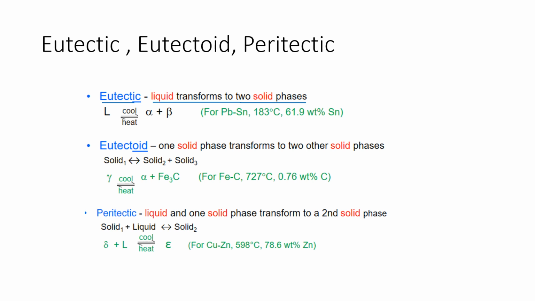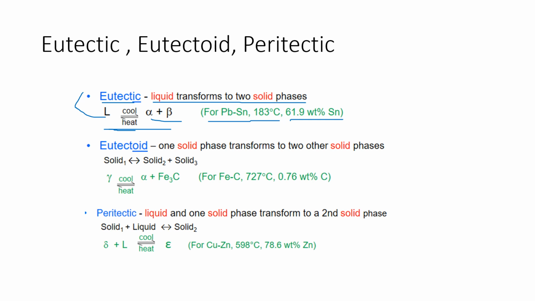The reaction is: liquid, by cooling, gives alpha plus beta, two solids, or if they are heated, they transform into liquid. The example is in the lead-tin system at 183 degrees centigrade at a composition of 61.9% by weight of tin. This reaction takes place.